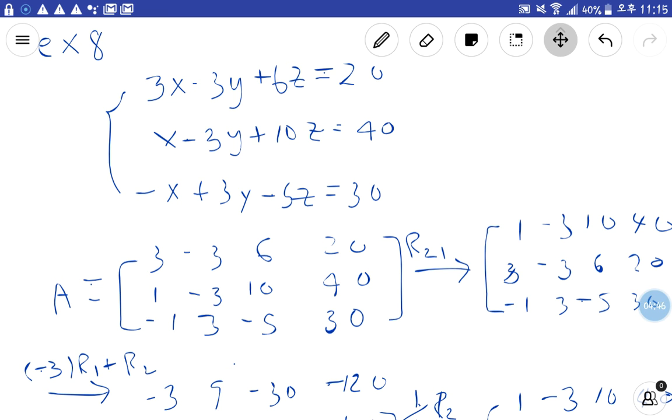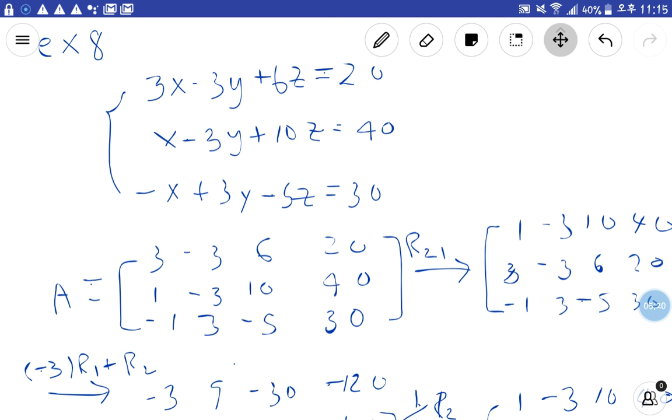What I'm going to do is find the augmented matrix first, which is 3, negative 3, 6, 20. 1, negative 3, 10, 40. Negative 1, 3, negative 5, 30. By using this augmented matrix, I'm going to make my matrix into 1 0 0, 0 1 0, 0 0 1, because if you multiply that with x, y, z, that would be x, y, z itself, which means the solution of this system.